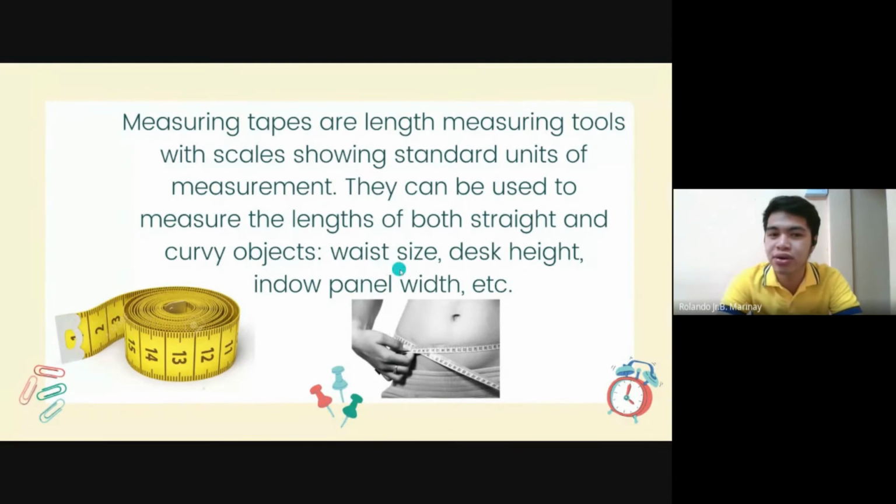For example, the waist size, that is curvy, right? Our waist is curvy. It is not straight like the notebooks. The waist size, the desk height, because the desk has edges, right? So in measuring its height, we can also use the measuring tape.